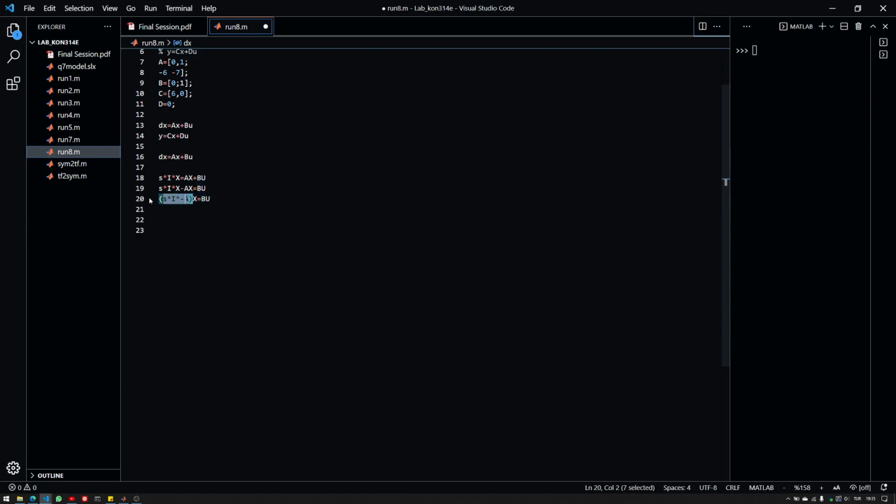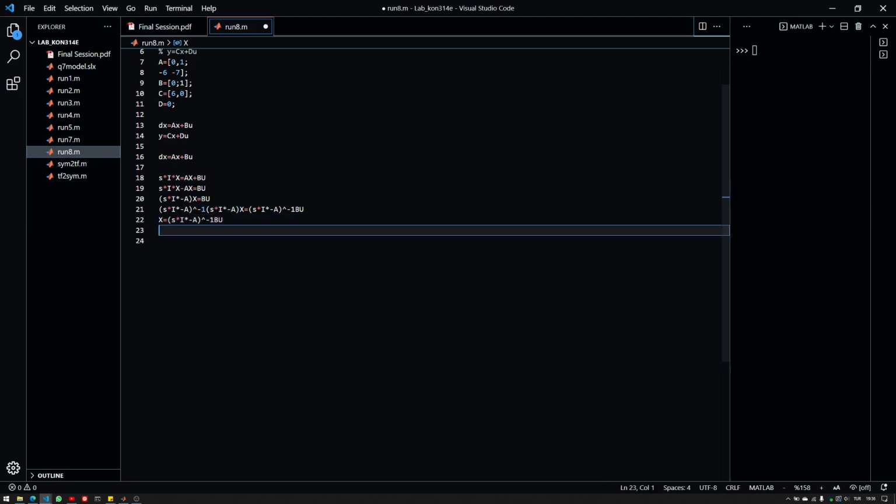Now I can take the inverse from the left, so this inverse times this equals this inverse times bu. Of course, this will vanish because I multiplied with the inverse, so this would be like this, and I can also divide everything by u.